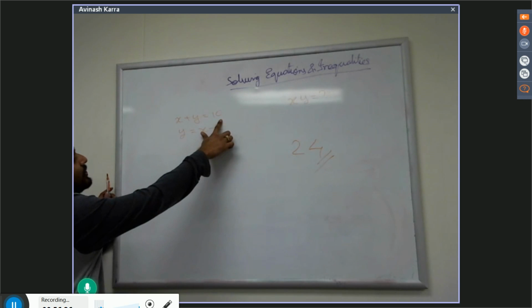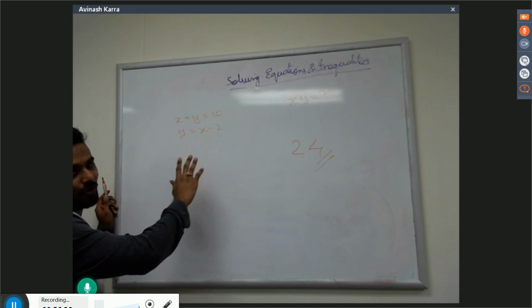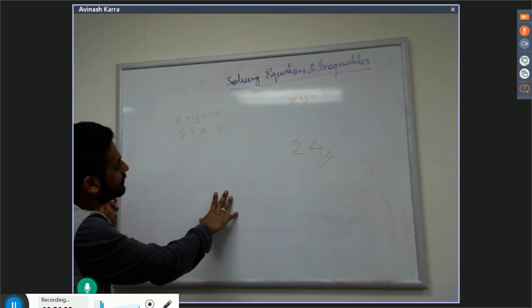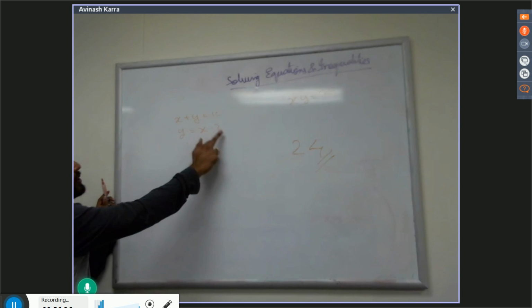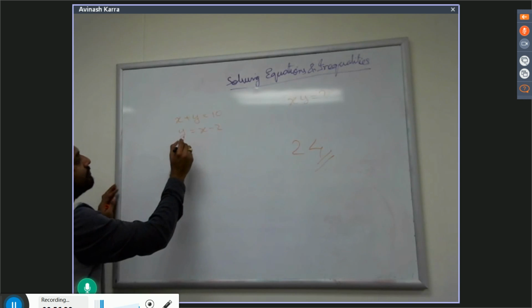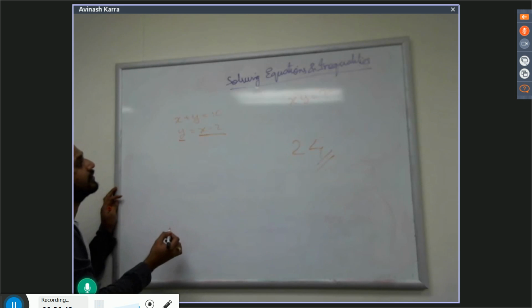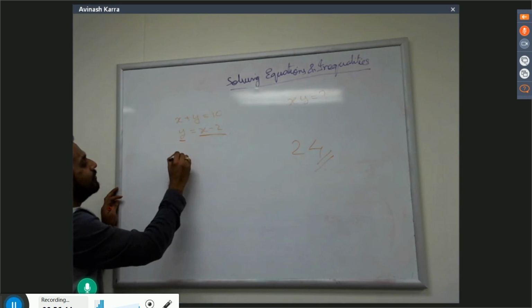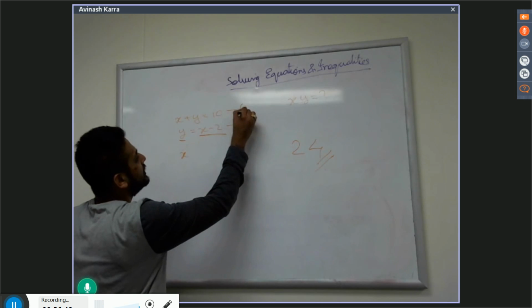See, the best thing here: x plus y is equal to 10, right? And y is equal to x minus 2, right? So instead of y, I can substitute x minus 2. Let it be equation 2 and let it be equation 1.